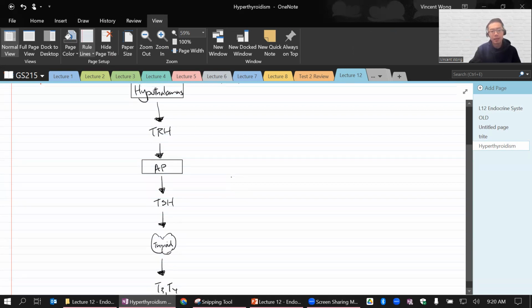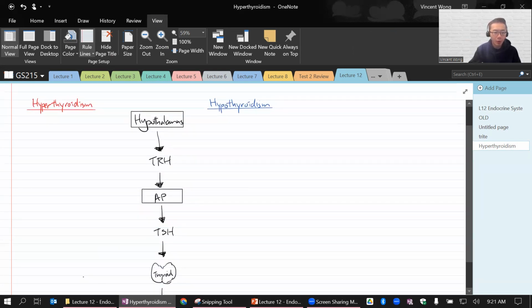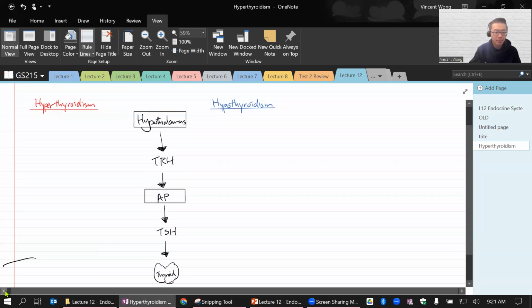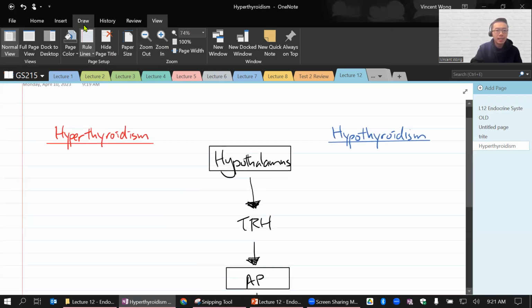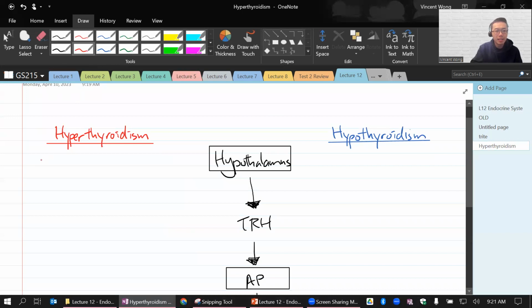Okay. So let's start with hyperthyroidism. Basically, hyperthyroidism is characterized by high metabolism. Okay, so these people usually lose a lot of weight.